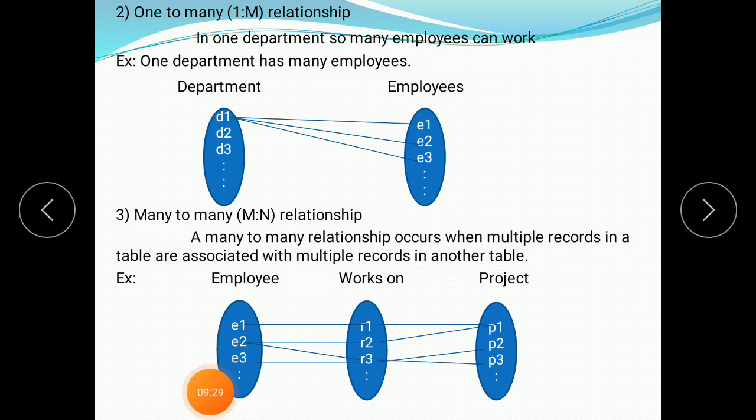The second employee can work on the first project and also on the third project. So one employee can work on a number of projects at a time. This is called a many to many relationship.